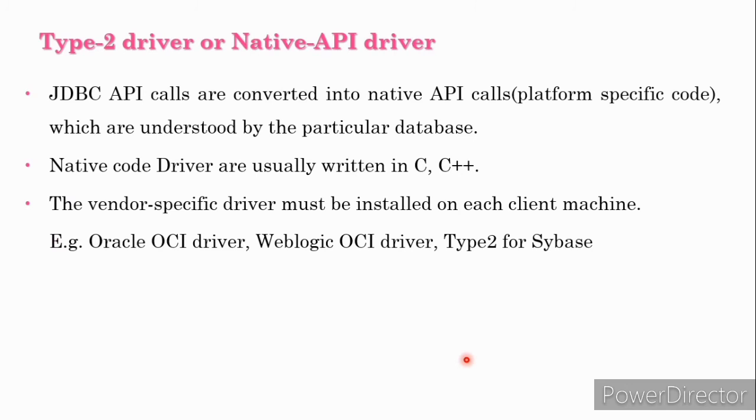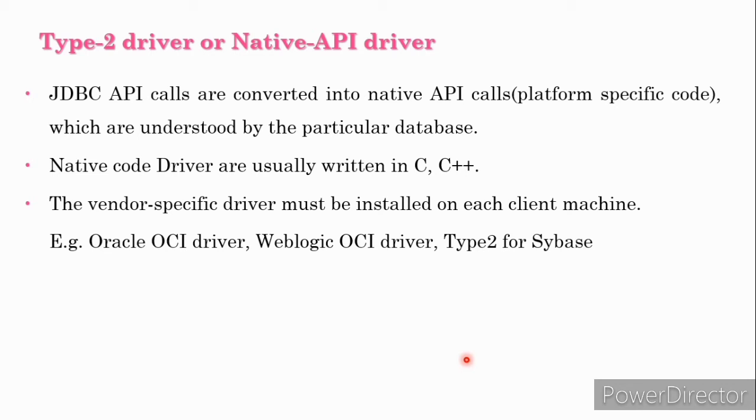Next is the type 2 driver or native API driver. JDBC API calls are converted into native API calls, that is platform specific code which is understood by the particular database. These drivers are typically provided by the database vendors and used in the same manner as the type 1 driver. Native code drivers are usually written in C and C++.